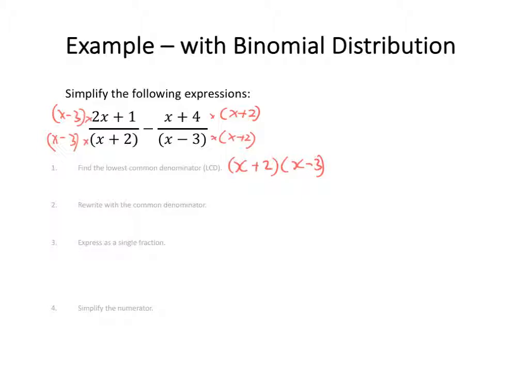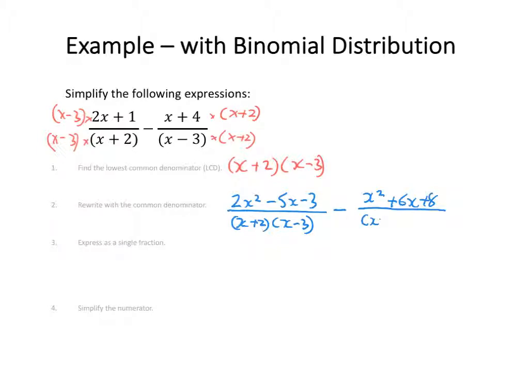So my first fraction is going to be 2x squared minus 5x minus 3 over x plus 2, x minus 3, and then I'm going to subtract my second fraction, which is going to be x squared plus 6x plus 8 over my same common denominator, x plus 2, x minus 3. So that completes step 2.